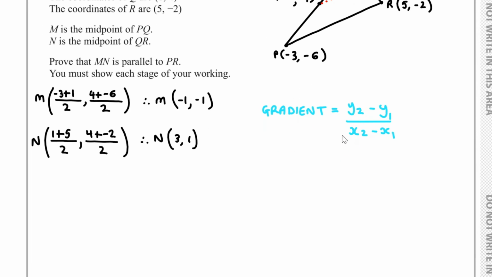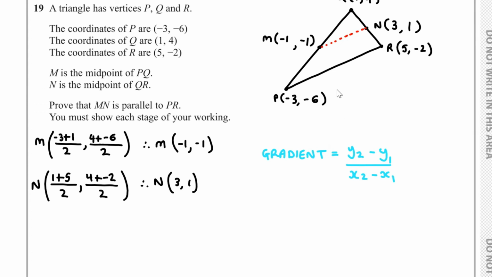So if we find out the gradient of PR, that will equal, well, we've got change in y, so that will be -2 take away -6 over change in x, so that will be 5 take away -3. So if we work this out, we get 1/2. So the gradient of PR is equal to 1/2.